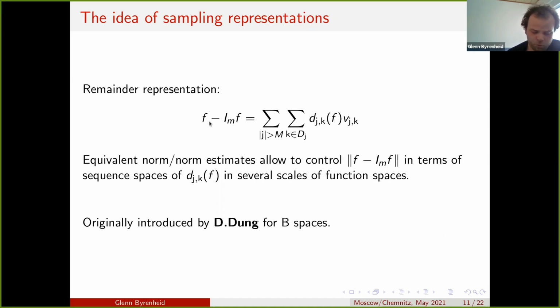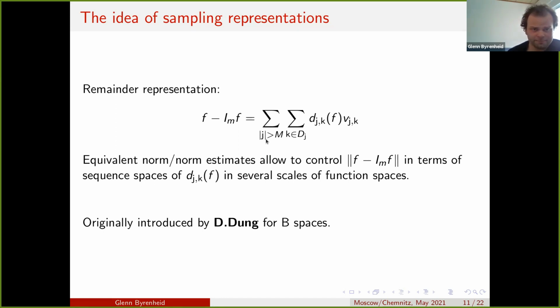So if we consider the difference of f and the operator I_m applied to f, which was the sampling operator, then this can be simply expressed by an expression where we have to sum up all levels whose one norm is bigger than m.